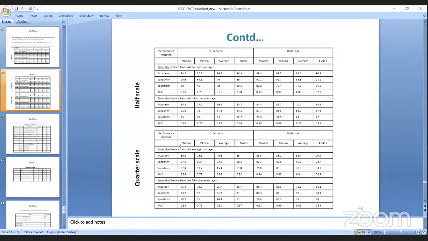Here you can see different operations for the ensemble and the different classification performance: accuracy, sensitivity, specificity. We have even computed the area under the ROC curve. These various performance measures have been computed in this FBSE DWT framework.